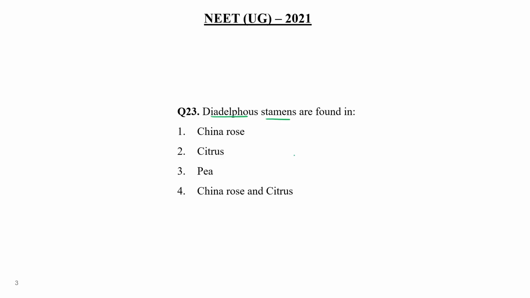So what is the meaning of Diadelphous stamen? The stamens are partially united in two bundles, like this, and this is the property of Fabaceae or Leguminosae, right? So Diadelphous stamens are found in pea, not China rose or citrus. So choice number 3 would be the correct answer to this question.